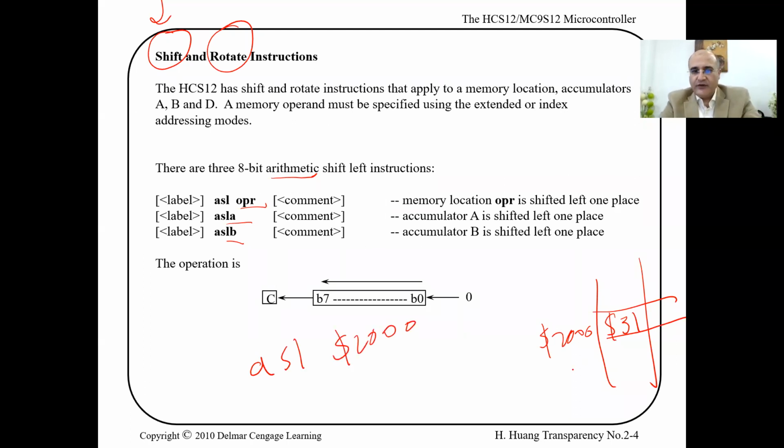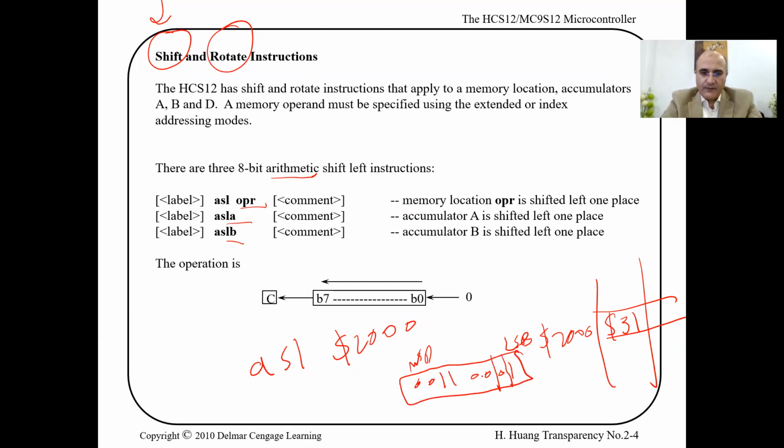What will happen? The 31 will get replaced with this. 31 is 0011 0001. An arithmetic shift left will bring a 0, replacing the least significant bit. This is the least significant bit. This is the most significant bit.